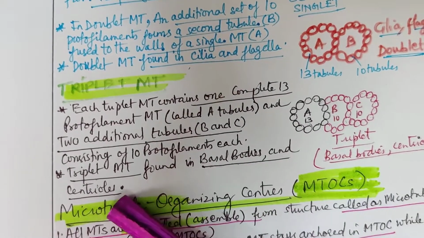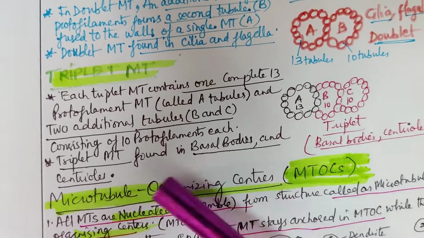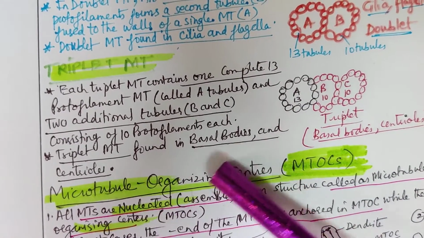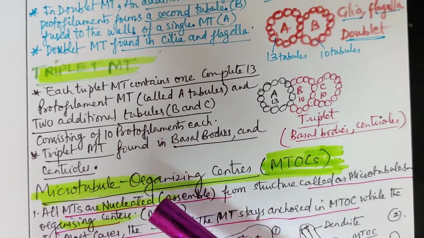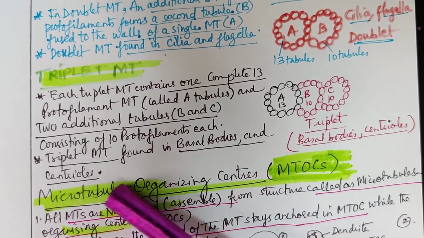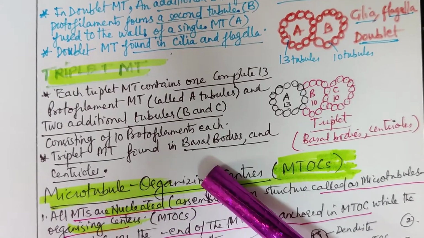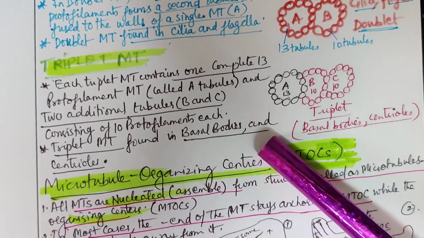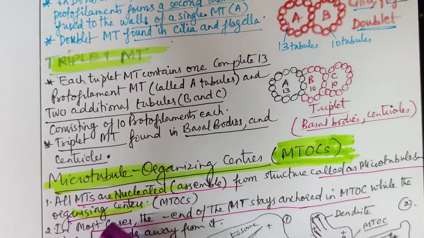Each triplet MT is found in basal bodies and centrioles. As you know, during cell division in meiosis, centrioles separate to make the aster and then division takes place, and the basal body is present in the hairs and so on.